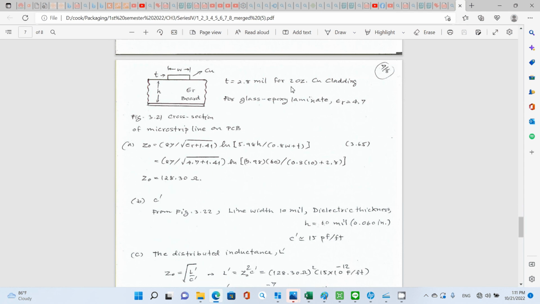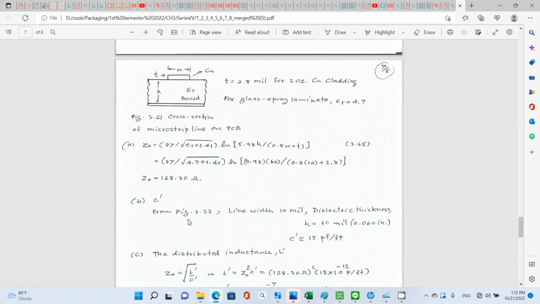For 2 ounce copper cladding, you have the thickness to be 2.8 mil. And for glass epoxy laminate, epsilon r equal to 4.7. You end up with your Z0 equal to 128.3 ohms. This one you have everything, so I don't need to explain. Now our C prime, distributed capacitance.